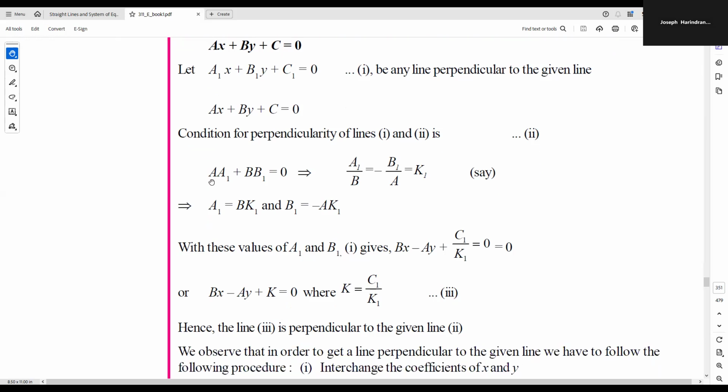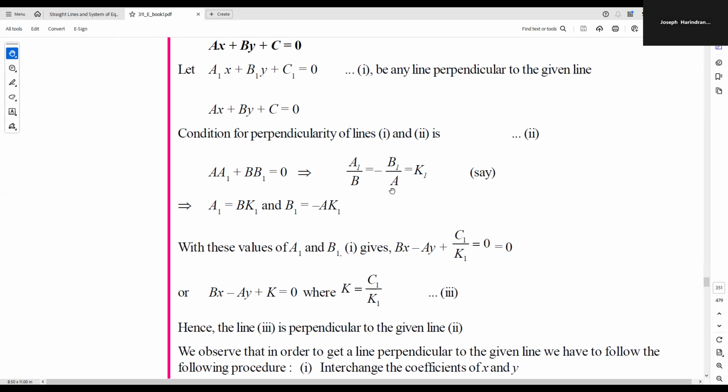For perpendicular lines, the sum of the products A1 A plus B1 B will be 0. Otherwise, it's a negative reciprocal. You can arrive at this result by A1 by B is equal to minus B1 by A. That's simple as that.